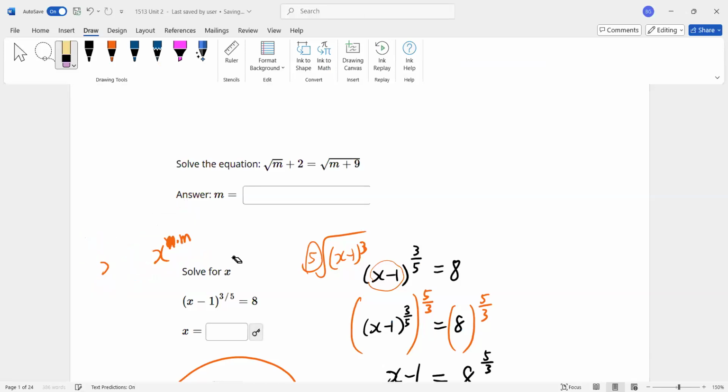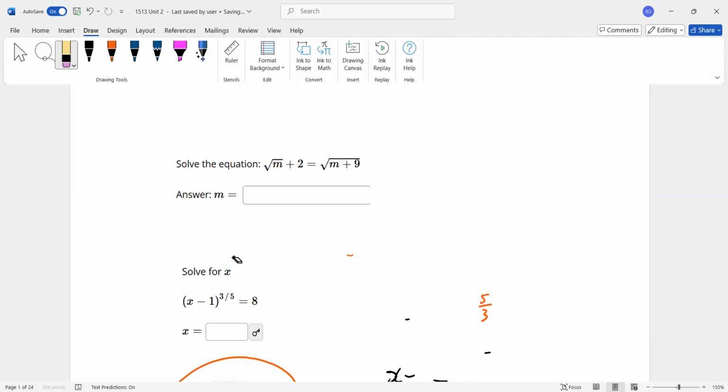Let me erase that. Okay, this question. This is an equation: square root of m plus 2 equals square root of m plus 9. This equation is a radical equation because the variable m is under the radical.